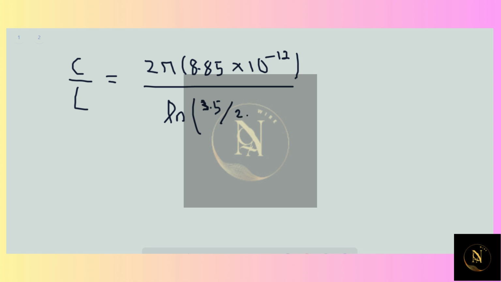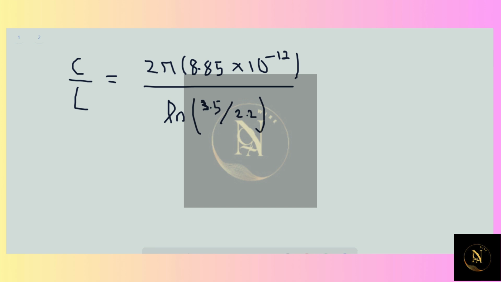Note that we haven't converted our radius from millimeter to meters because it's a division, and when you divide quantities of the same units, you don't have to worry about the units, because the units also get divided and the quotient has no units. So you can very well write the radius in millimeter itself.